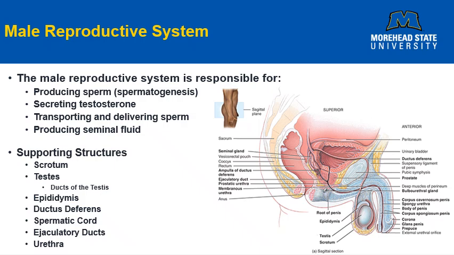The testes produce the sperm and testosterone. The ducts associated with this help to transport, store, and assist the maturing of the sperm. Accessory glands secrete most of the liquid portion of semen. And of course, the penis contains the urethra, the passageway for ejaculation of semen and excretion of urine.